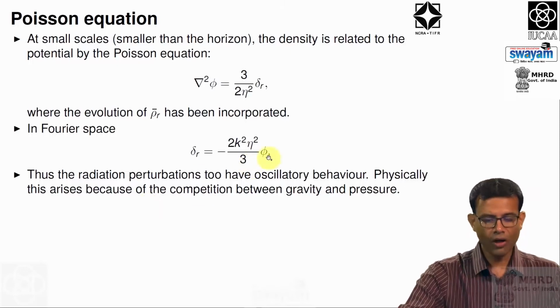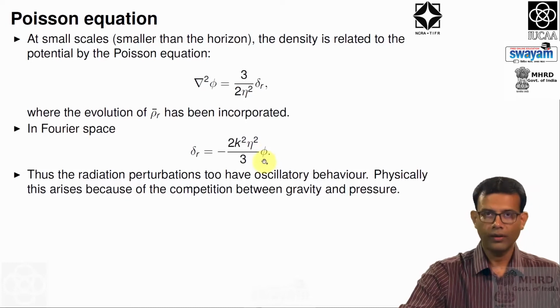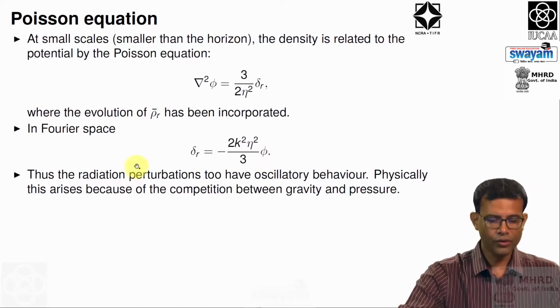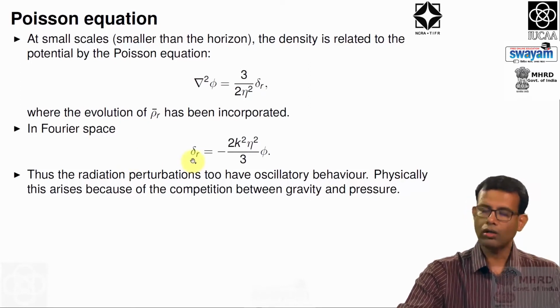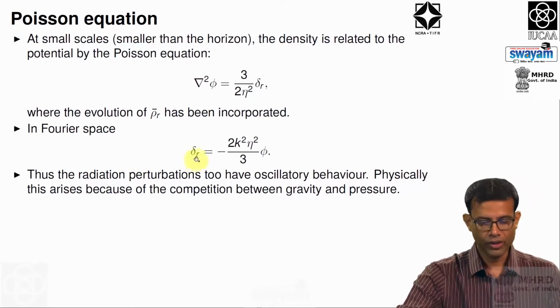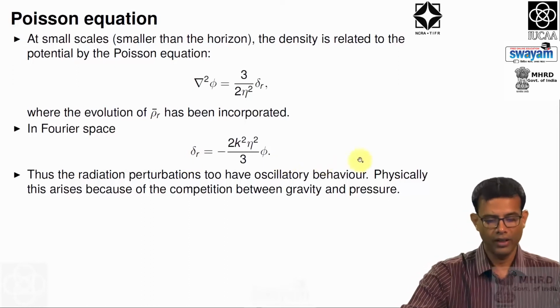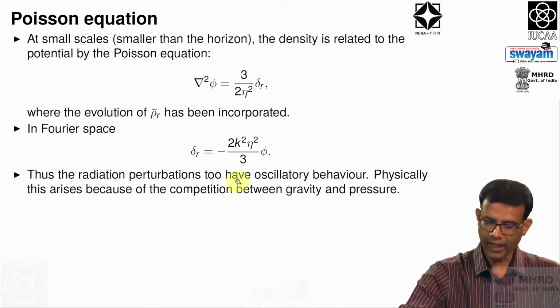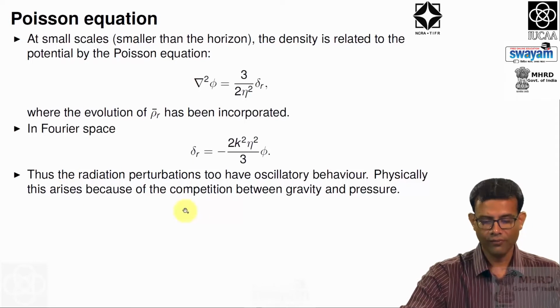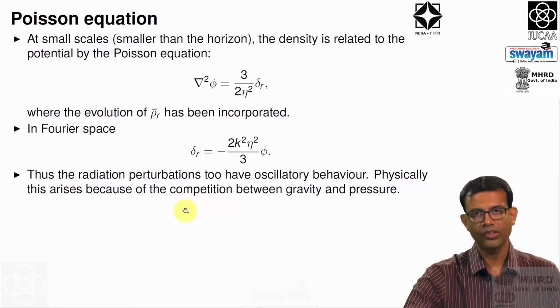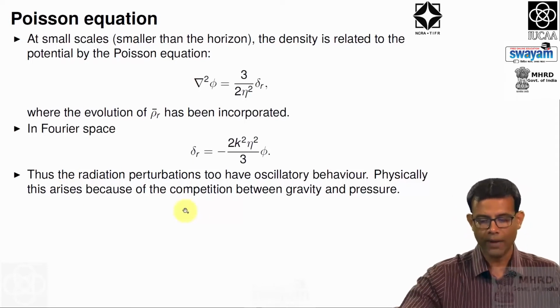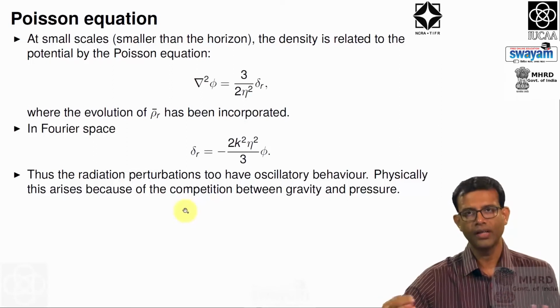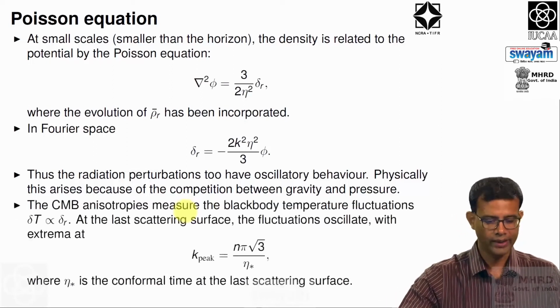Now, we have already solved for the phi which has oscillatory behavior. So then the radiation perturbations delta r, or the temperature perturbations, too will show oscillatory behavior. Again, this arises because of this competition between gravity, which is trying to make the perturbations collapse, and the pressure which is acting like a spring and holding that.